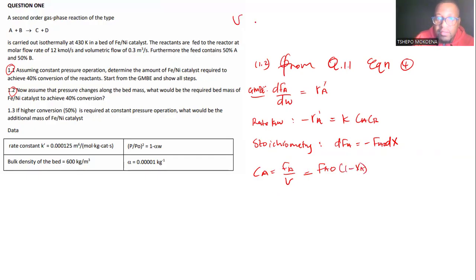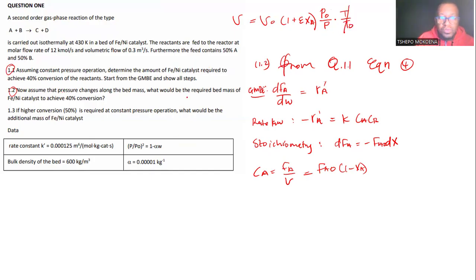I said to you the volumetric flow rate will be affected by pressure. The volumetric flow rate will be affected by (1 plus epsilon XA), multiplied by P0 divided by P, multiplied by T over T0. Isothermal, so we cancel this off.